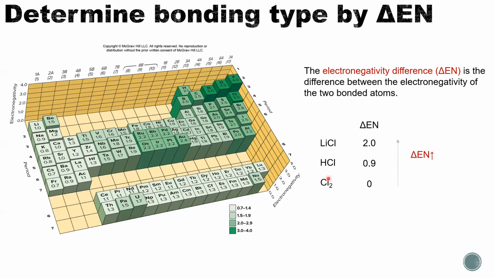And also from chlorine to hydrogen chloride to lithium chloride, the ionic character is increasing. We go from a pure covalent compound, to a covalent compound made of different atoms, to an ionic compound. So the ionic character increases. That gives us an idea that the electronegativity difference can be related to bond types.